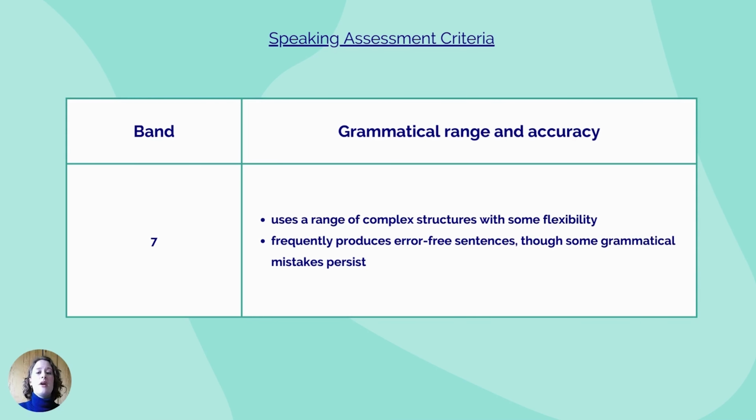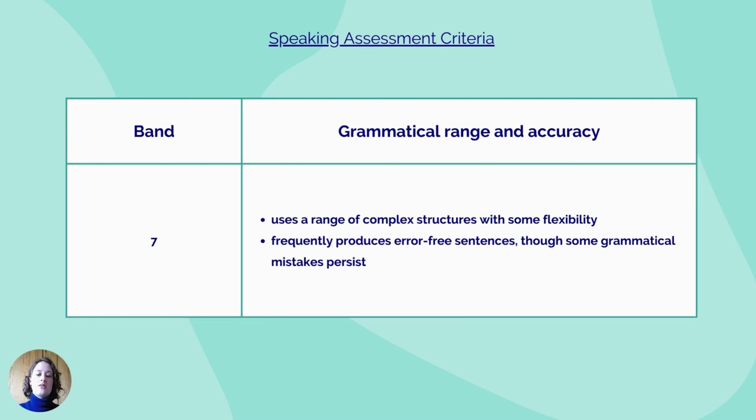Here you can see the marking criteria for a Band 7 answer, taken from the IELTS website. As you can see, you'll need to use a range of complex structures with some flexibility. You can make some errors, but you should frequently produce error-free sentences.